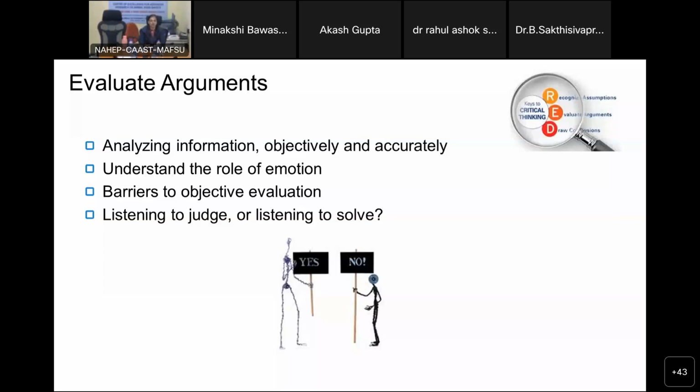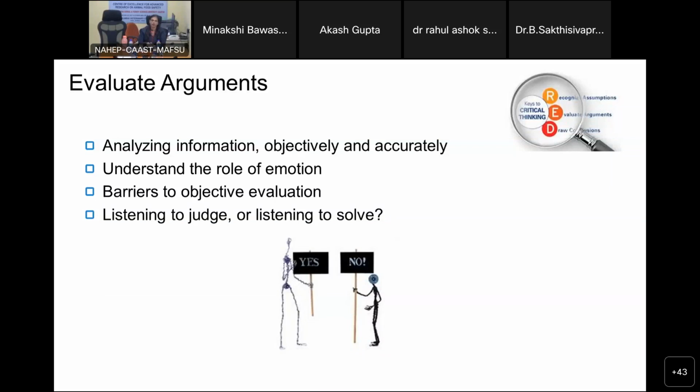Considering that also, you have to understand, when you're evaluating, what barriers you are facing. Do you have proper information? Do you have enough data? Do you have the skill of evaluating the argument or not? If you do not have that, how should you go about it? You can take somebody's help if you are not capable enough.